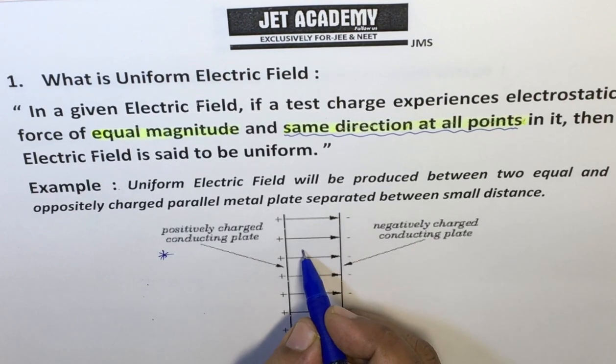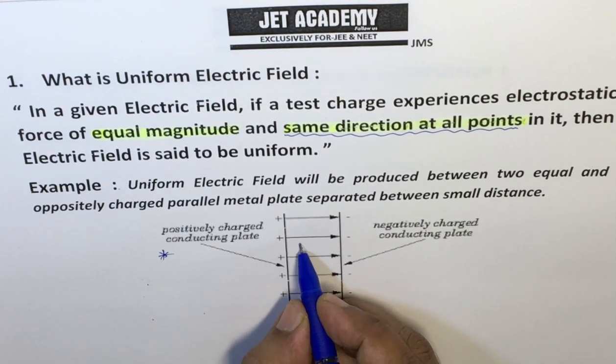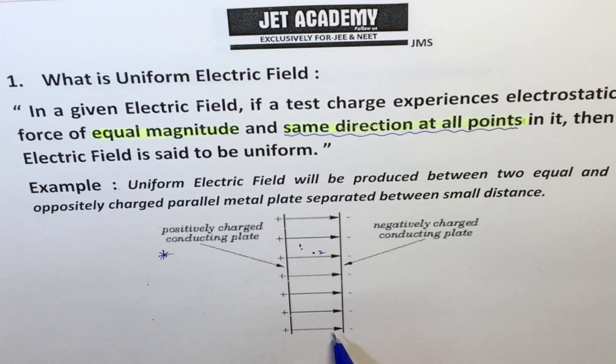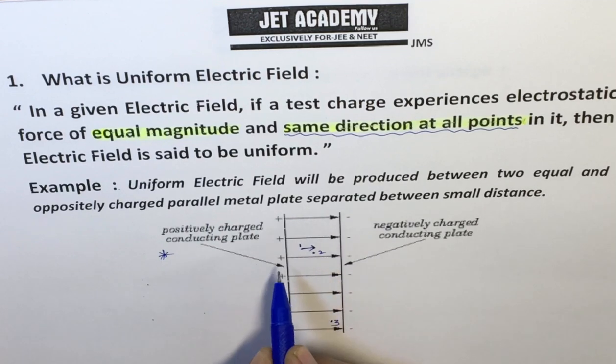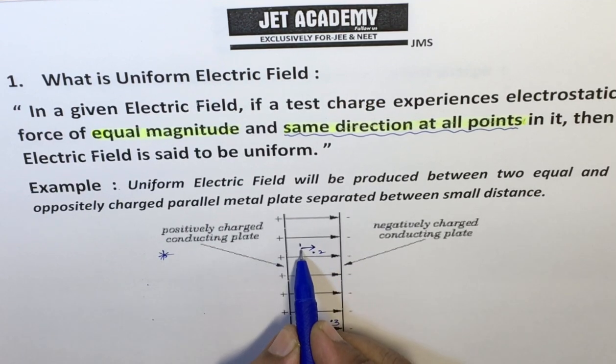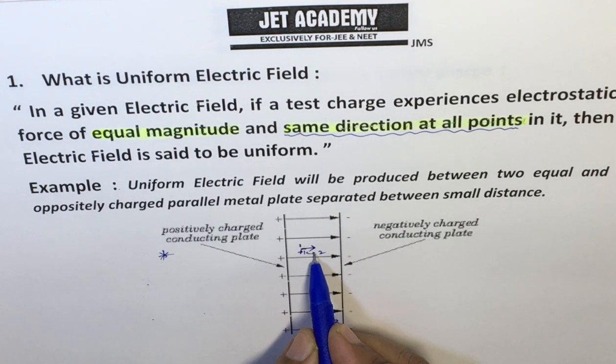If you choose any point 1, 2, 3, here the electric intensity direction is going to be that of the positive charge. If you keep plus 1 C here, the force acts on the right side. Everywhere it is like this.